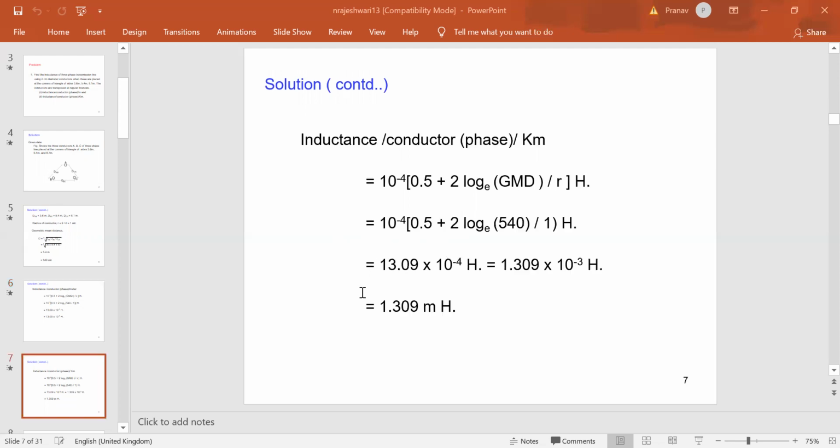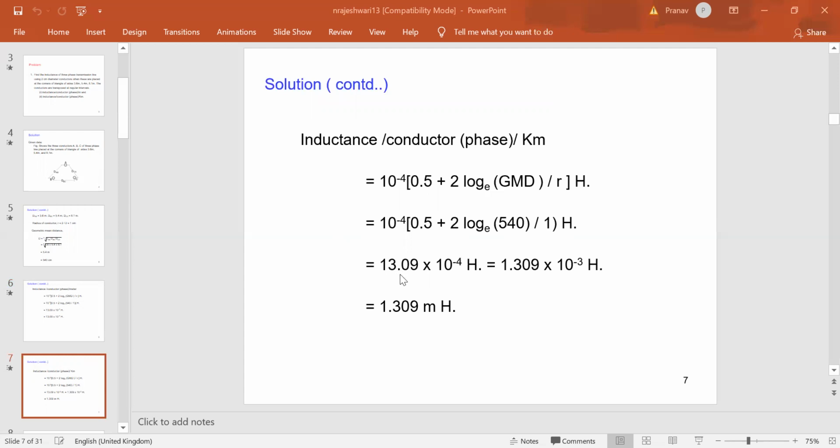Coming to the inductance per conductor per kilometer, it is equal to 10 to the power of minus 4 into 0.5 plus 2 log of GMD by R Henries, which is equal to 10 to the power of minus 4 into 0.5 plus 2 log e of 540 by 1 Henry.